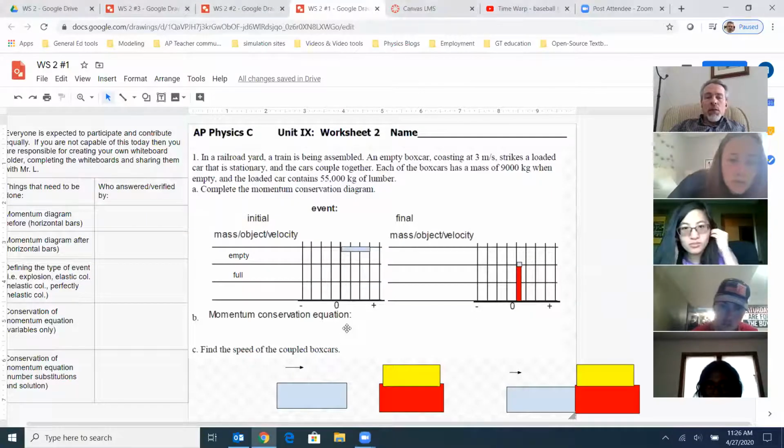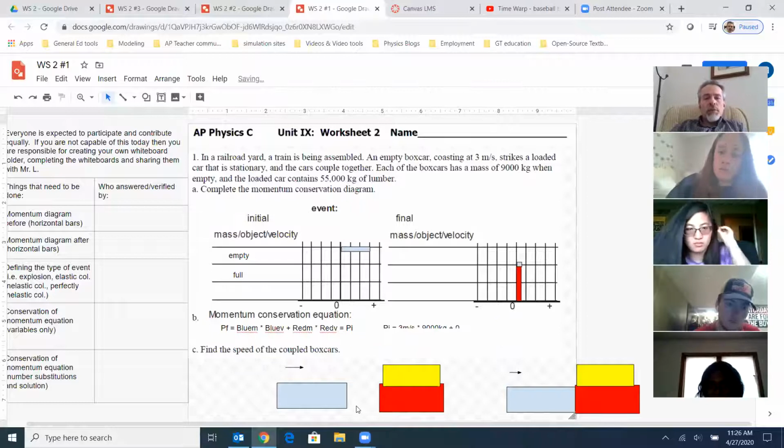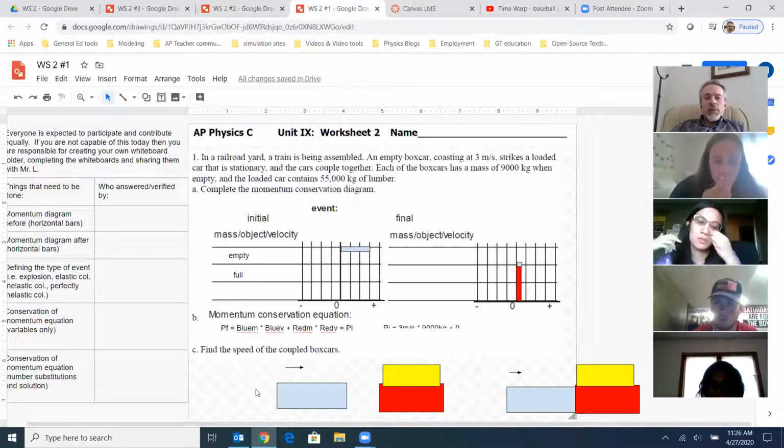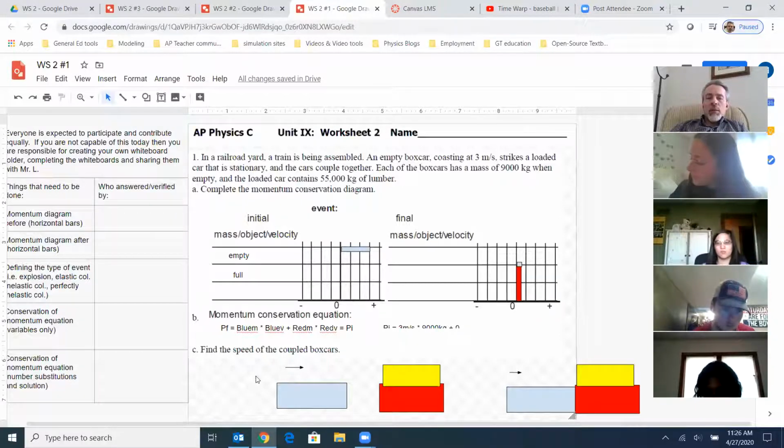So the conservation of momentum equation, you would have the mass of the blue one times the velocity of the blue one plus the mass of the red one times the velocity of the red one would be the initial momentum, and it would also be the final momentum.